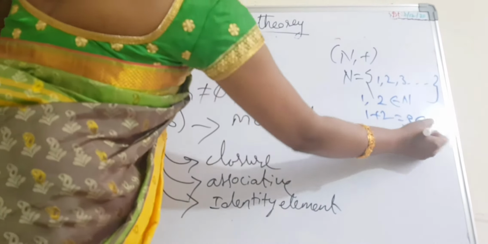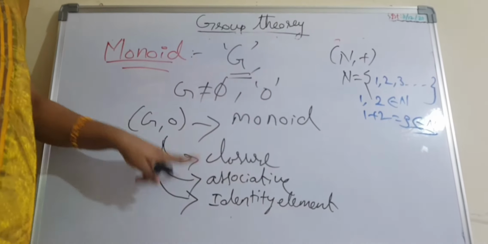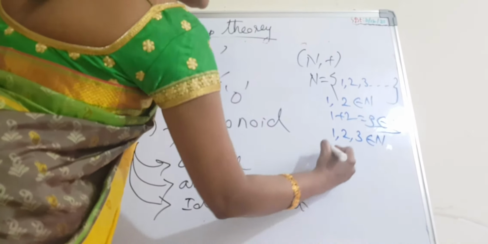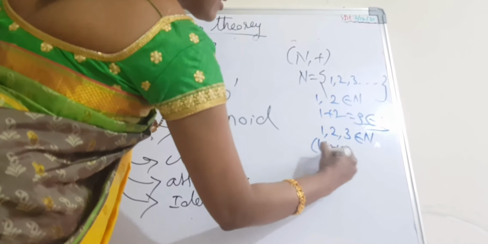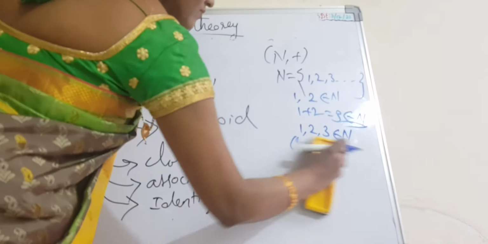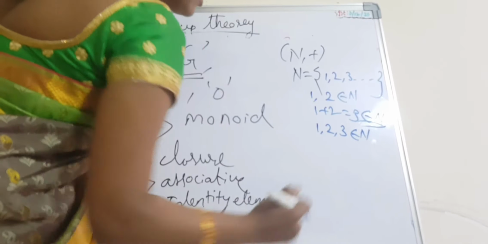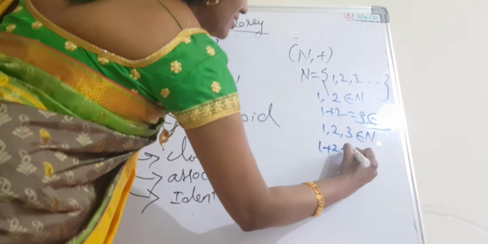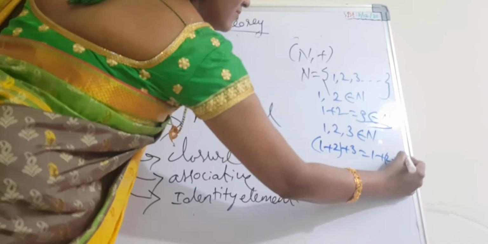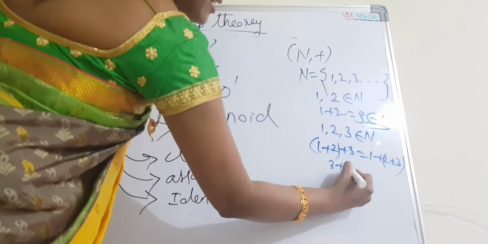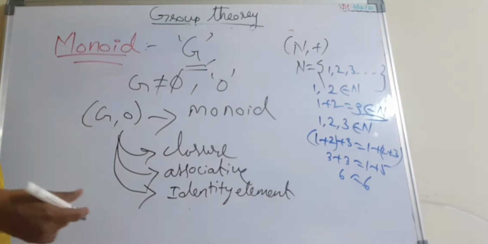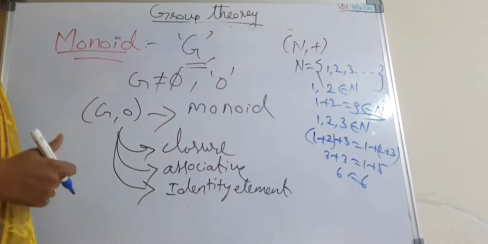Therefore, it satisfies closure. Now 1, 2, 3 belong to natural numbers. 1 plus 2 plus 3 is equal to 1 plus 2 plus 3: 3 plus 3 is 6, and 1 plus 5 is 6, so 6 is equal to 6.